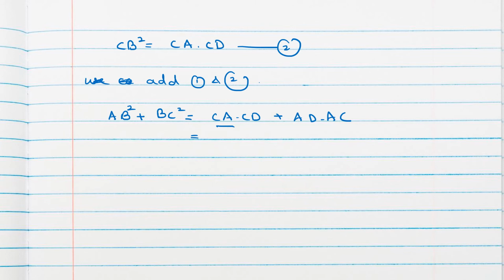So CA and AC are the same only, same side. So if I take AC common, AD plus CD will be left. So AD plus CD is AC only, which gives AC square. So this is the Pythagoras theorem.